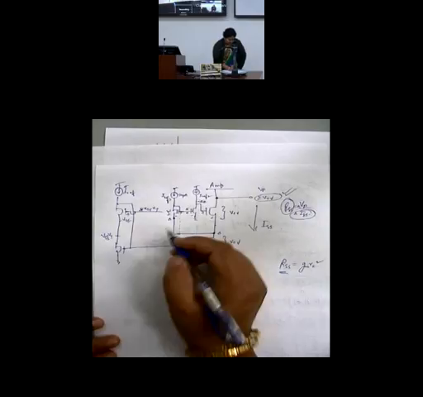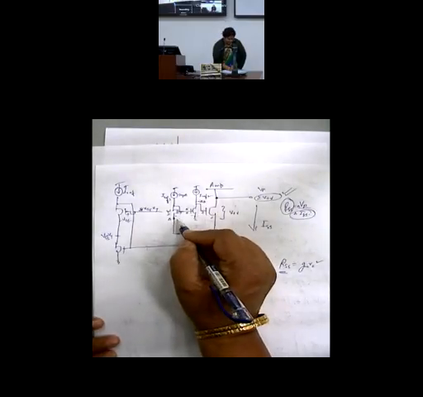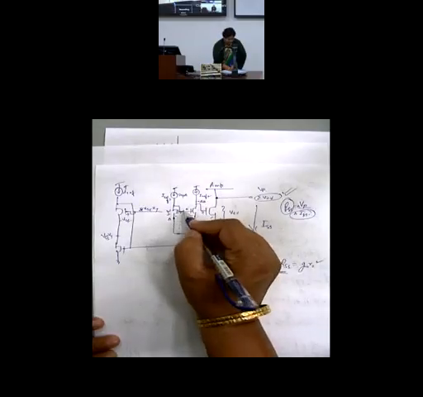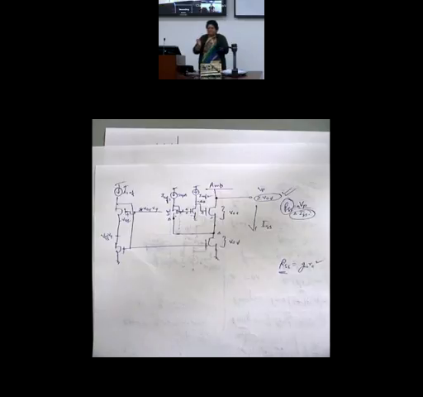As a result, if this node is increasing by delta amount, this node will also go up by delta amount, so that the difference of the two nodes remains the VGS.